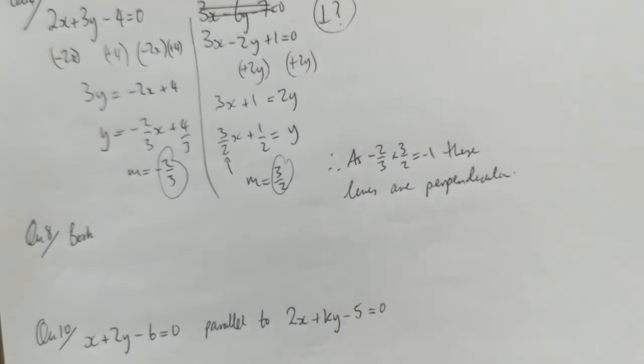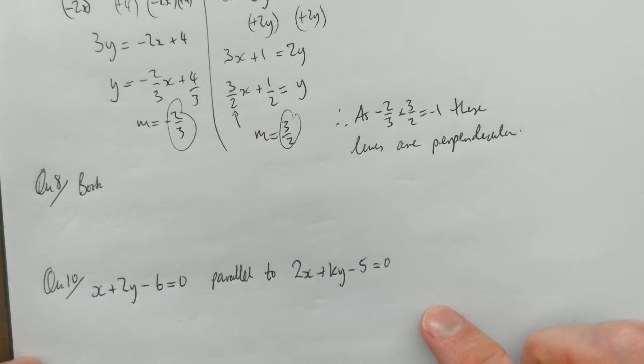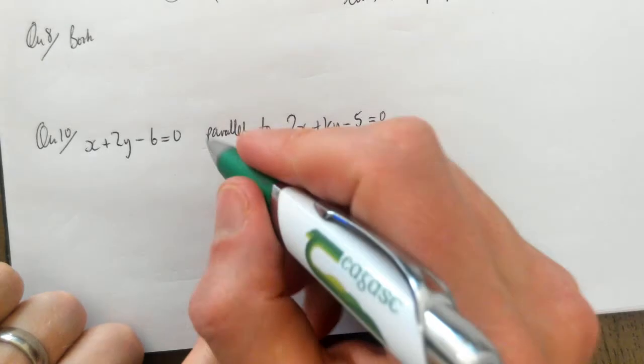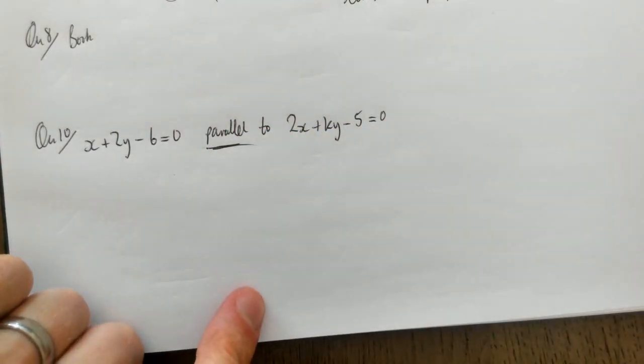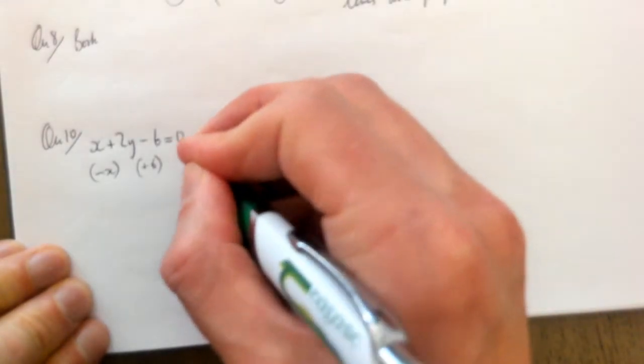Right, the last one was pretty tough, but let's go with it. It's asking us to find k, but it tells us in the question that the lines are parallel. So this is the clue. If they're parallel, they have the same slope. Let's work out the slope of the one written without any k in it first. I'm going to take away x plus 6 on both sides.